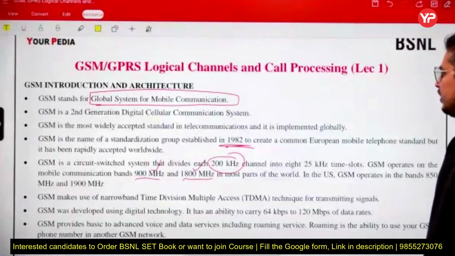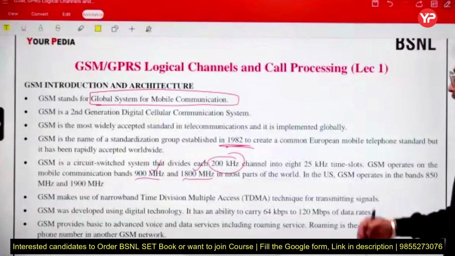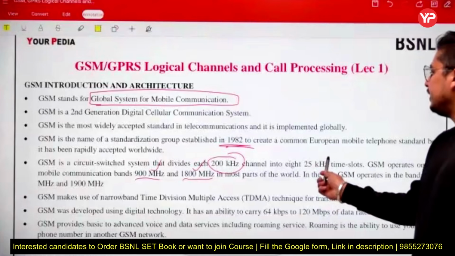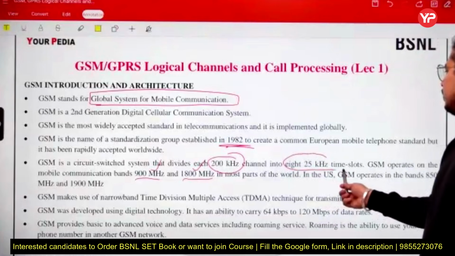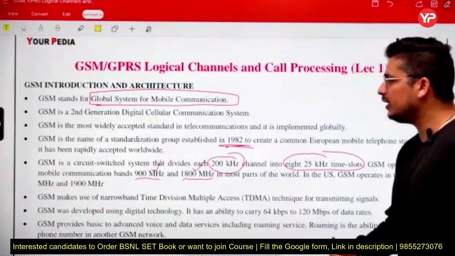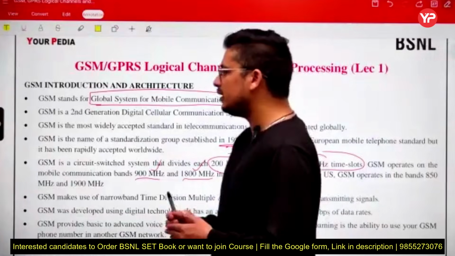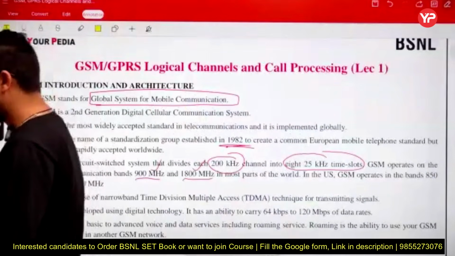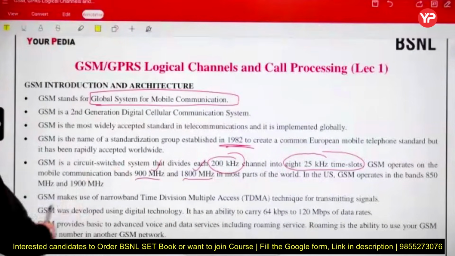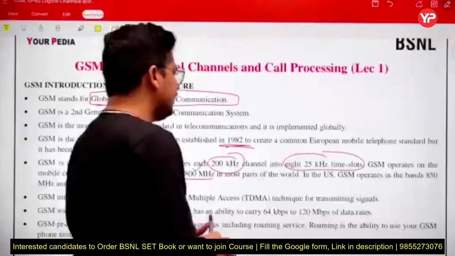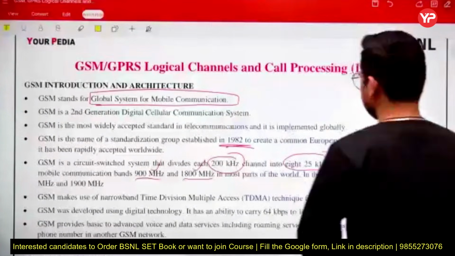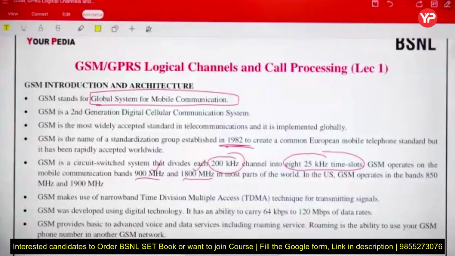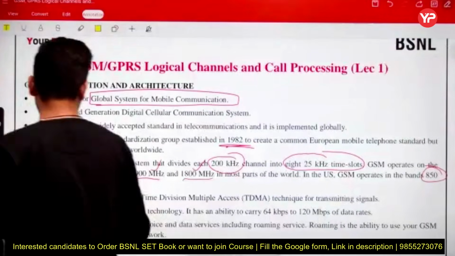Each channel is also divided into 8 time slots. So it is using both time division multiplexing as well as frequency division multiplexing. I will discuss that in detail later on. In the USA, GSM operates in the 850 band and the 1900 megahertz band.